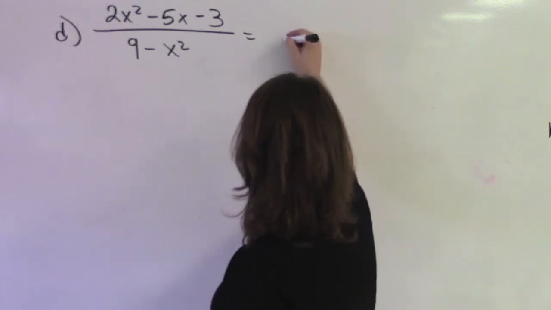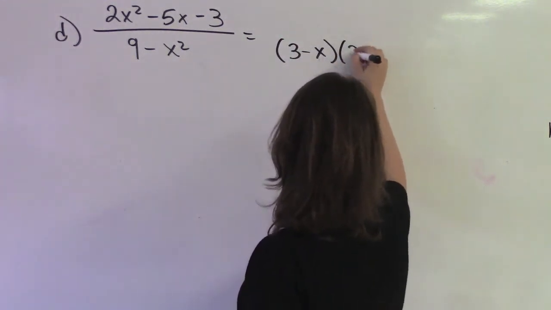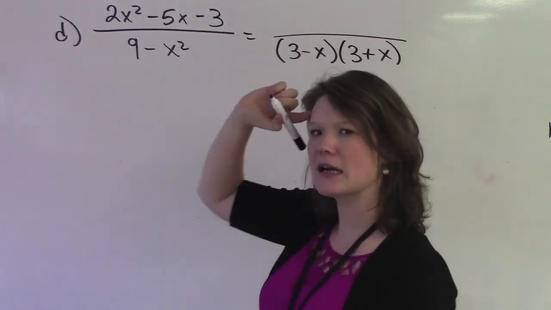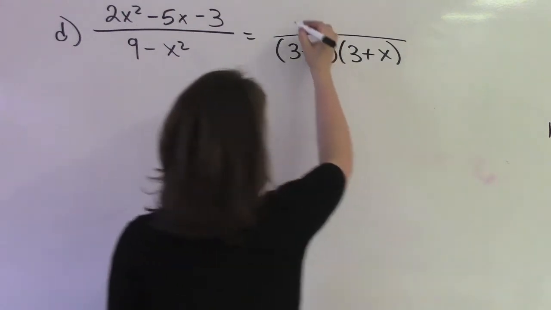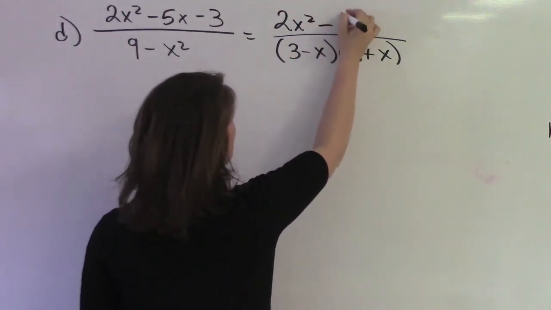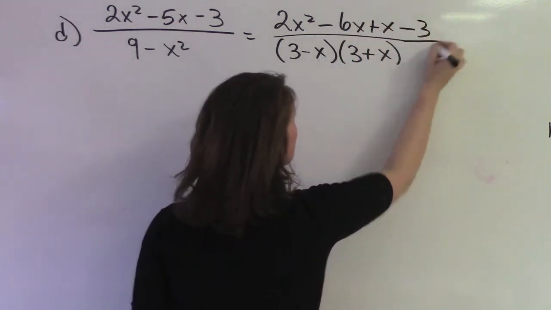So I'm going to start off with what's easier, 3 minus x times 3 plus x. On the top, I'm going to take a couple of steps to do this. We have 2x squared minus 6x plus x minus 3.